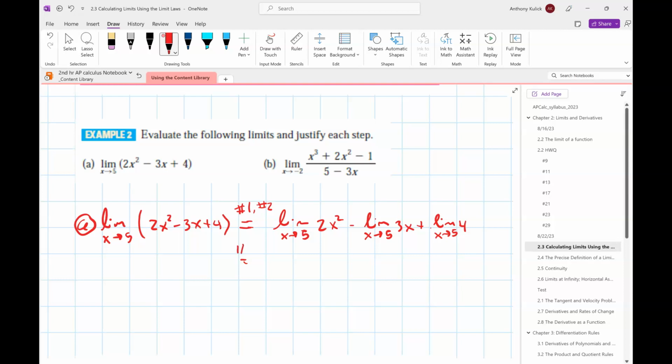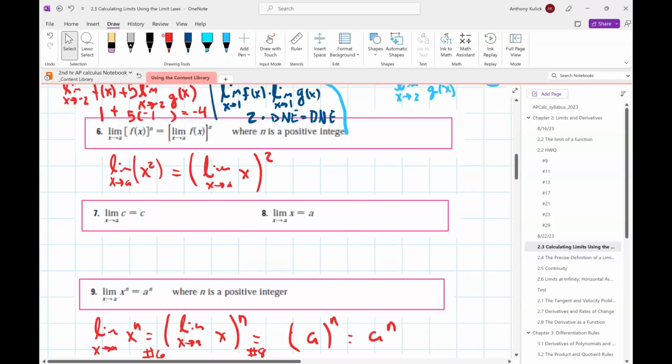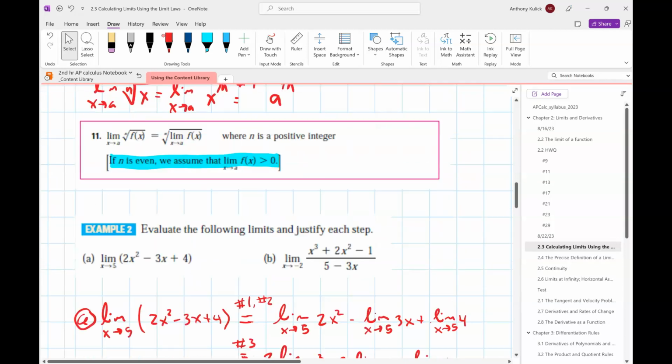And then we'll use property 3 to pull the coefficients out front. And then I'll use, which one was that? I'll use property 9.